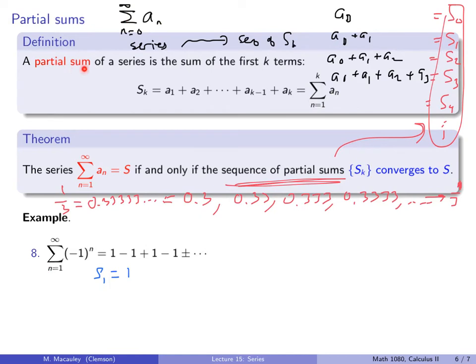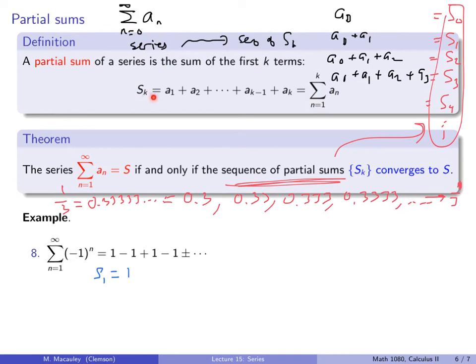So the partial sum S_k is the sum of the first k terms. Well, we could have this potential off by 1 error. If we count A naught, then the first partial sum, S1, is the sum of 2 terms. So there's slight potential for ambiguity.